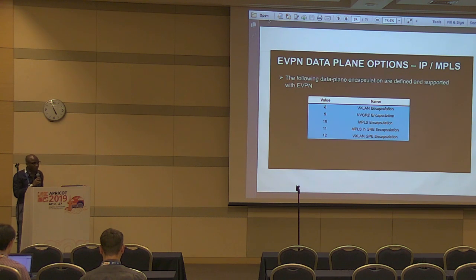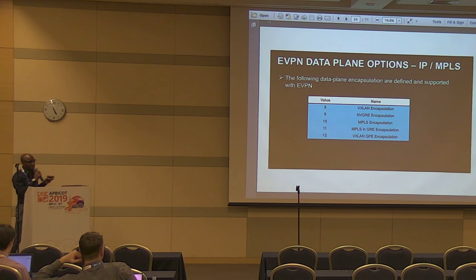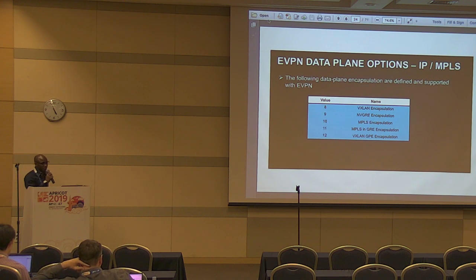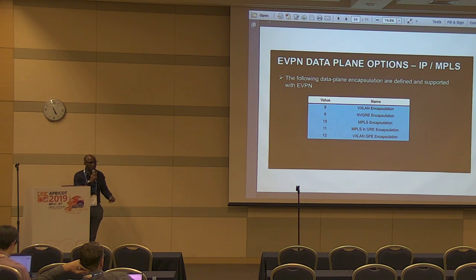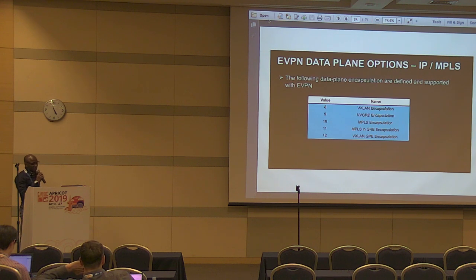As I've mentioned, EVPN has support for multiple data planes. Remember that EVPN sits in the control plane. The data plane is how the packet is actually forwarded, and EVPN leverages all of the following, which are all defined.